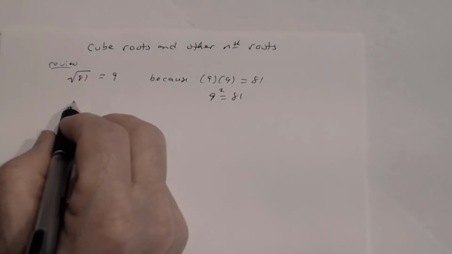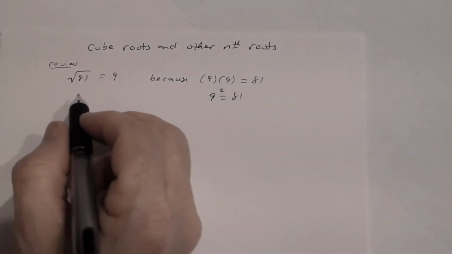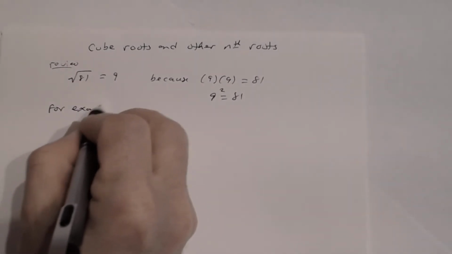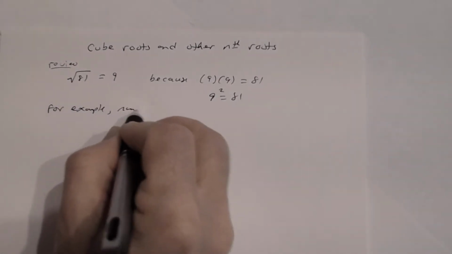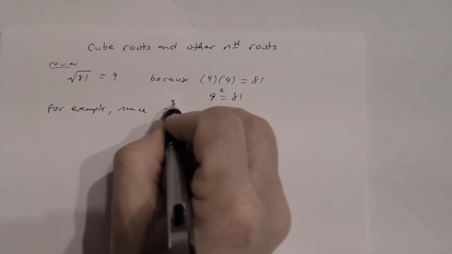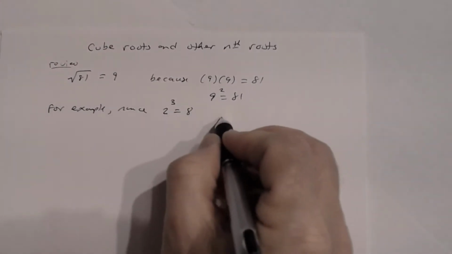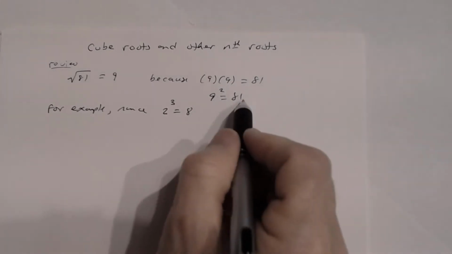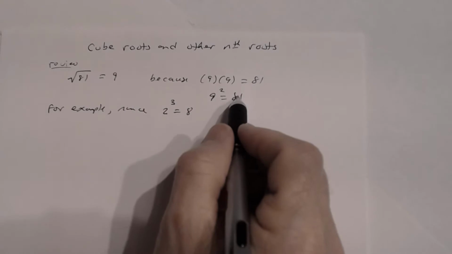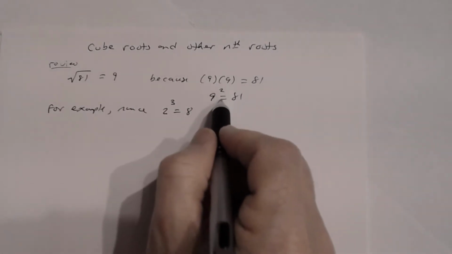Okay, so for example, we know this. Let me write the word for example, since 2 to the third power is equal to 8, okay, this idea here, 9 squared equals 81, and so then when I take the square root of 81, I should get 9, right?